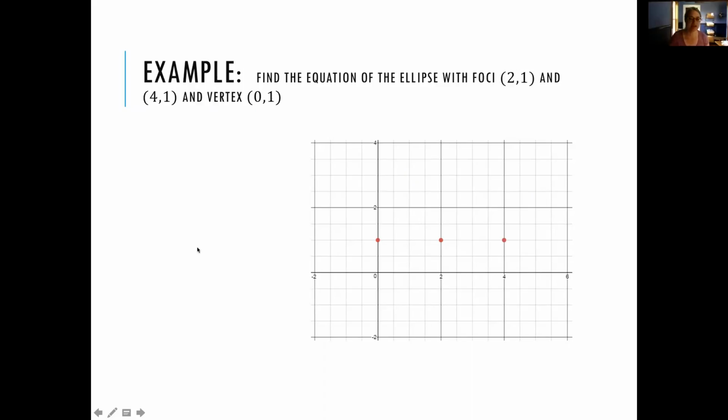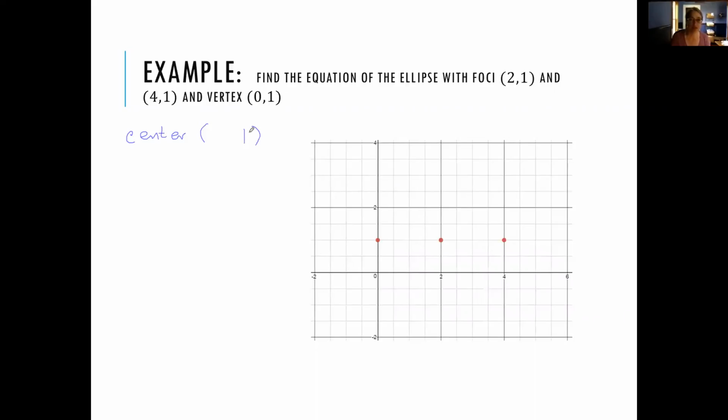So we know our center. The center is halfway between the foci. So the center is going to be on the same y line, so it's going to have the same y coordinate as the foci.